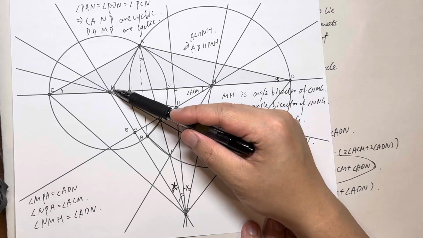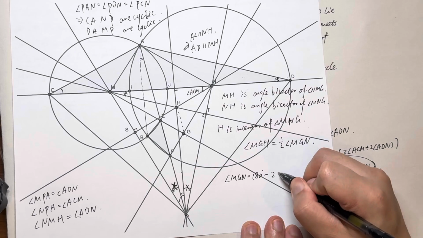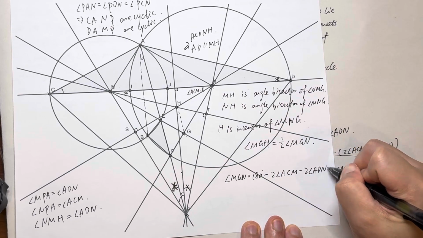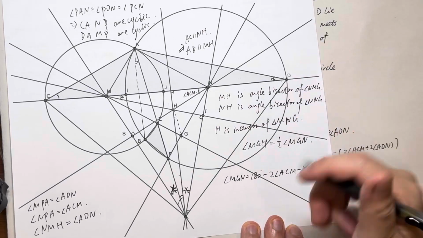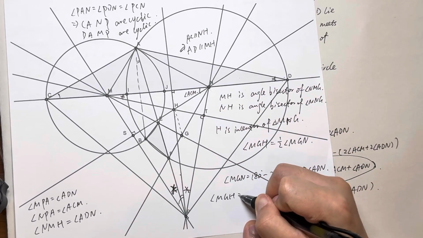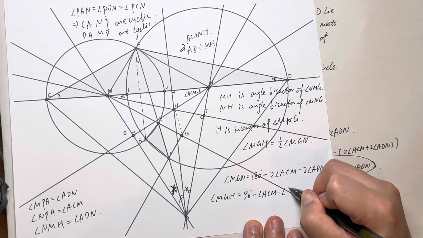So the angle MGN equals 180 degrees minus twice angle ACM minus twice angle ADN. Right? Which means half of it, the angle MGH equals 90 degrees minus angle ACM minus angle ADM.